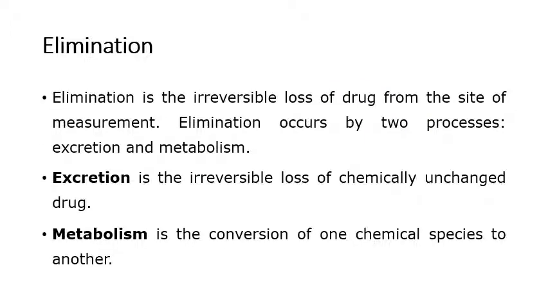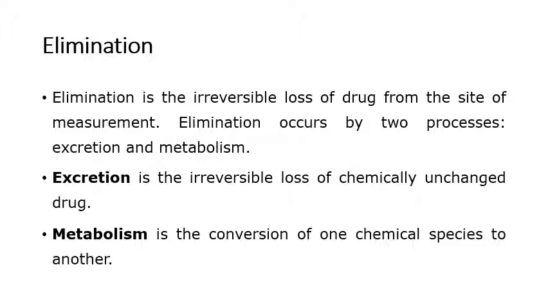Elimination is an important part of the pharmacokinetic process. Elimination can be defined as the irreversible loss of a drug from the site of measurement, which is normally the plasma, and elimination occurs by either of two processes. These could be either excretion out of the body, or metabolism within the body and the conversion of a drug to a different form.